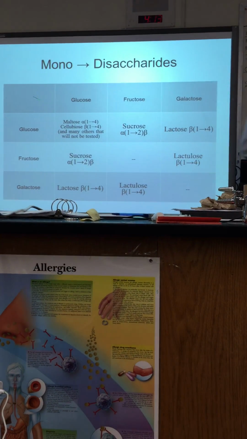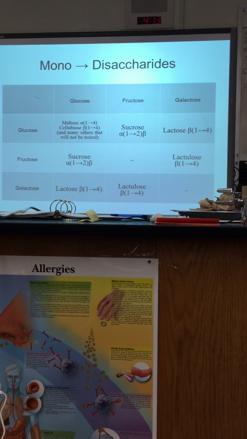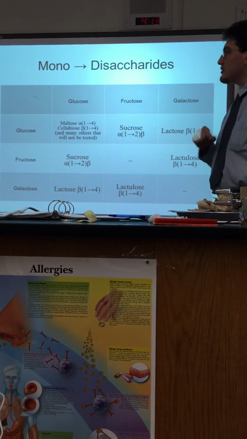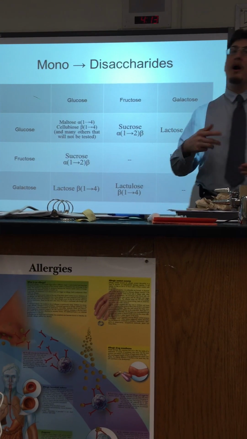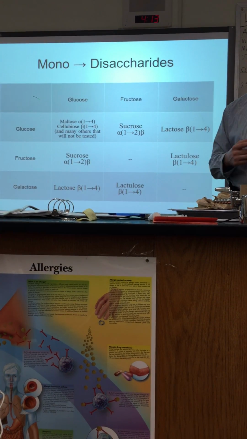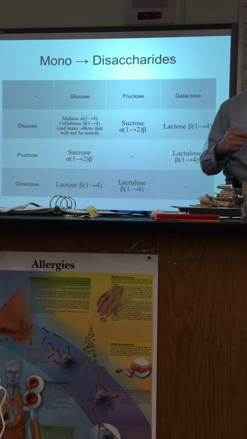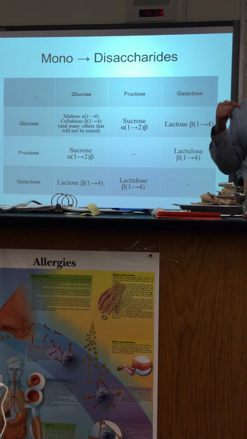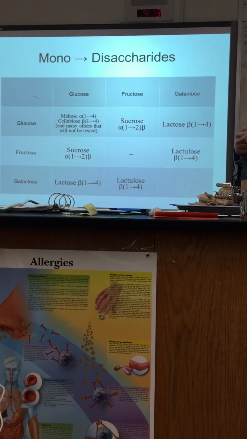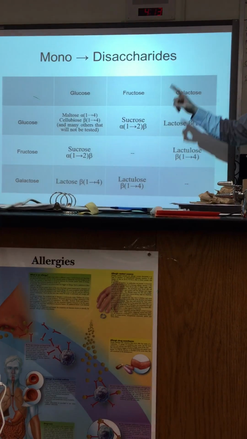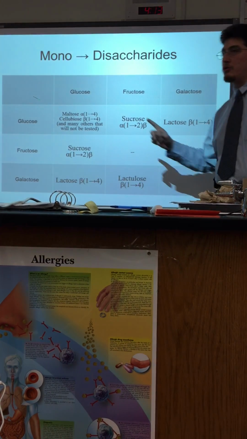When you add monosaccharides to make disaccharides, this is your chart. Glucose plus glucose gets you maltose if you are adding 2 alphas. If you are adding 2 betas, you get cellobiose. If you are adding glucose and fructose, you get sucrose.